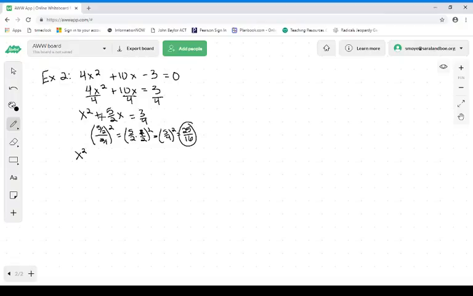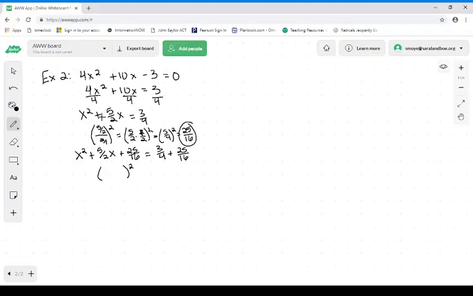So we have x squared plus 5 halves x plus 25 over 16 equals 3 over 4 plus 25 sixteenths. Now we can create our binomial being squared, which is the whole point of finding that perfect square trinomial.